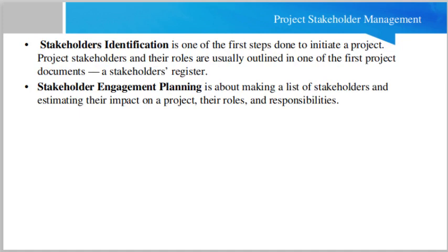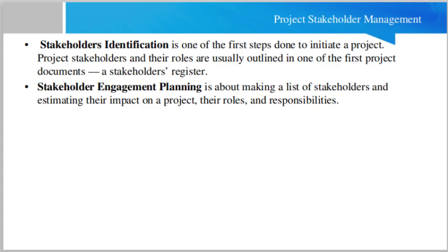That means we have to identify the stakeholder roles, usually outlined in one of the first project documents, the stakeholder register. We have to make a stakeholder register that includes the name of the stakeholder, the role, the power, and the influence of the stakeholder.